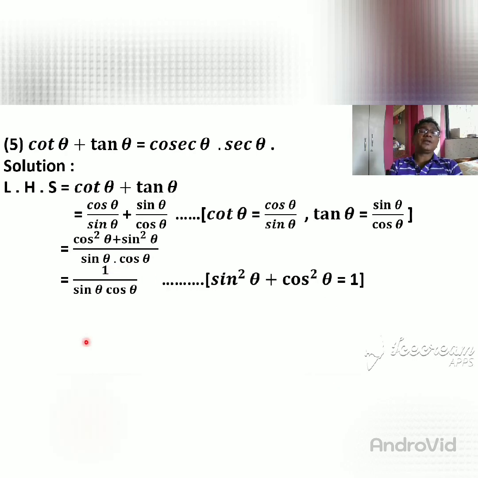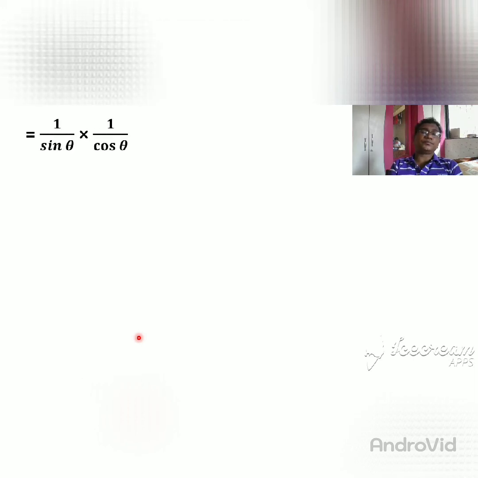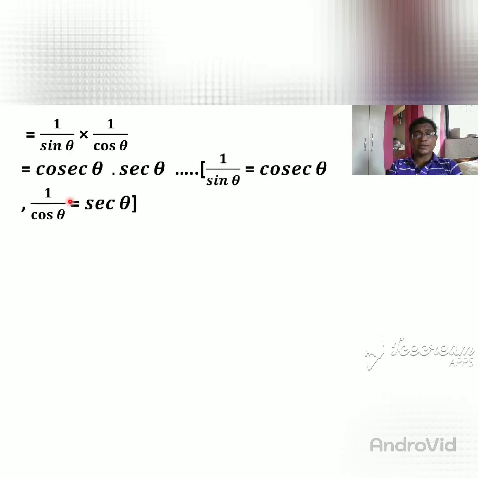So 1 upon sin theta into 1 upon cos theta. 1 upon sin theta is equal to cosec theta, so I write here cosec theta. 1 upon cos theta is sec theta.